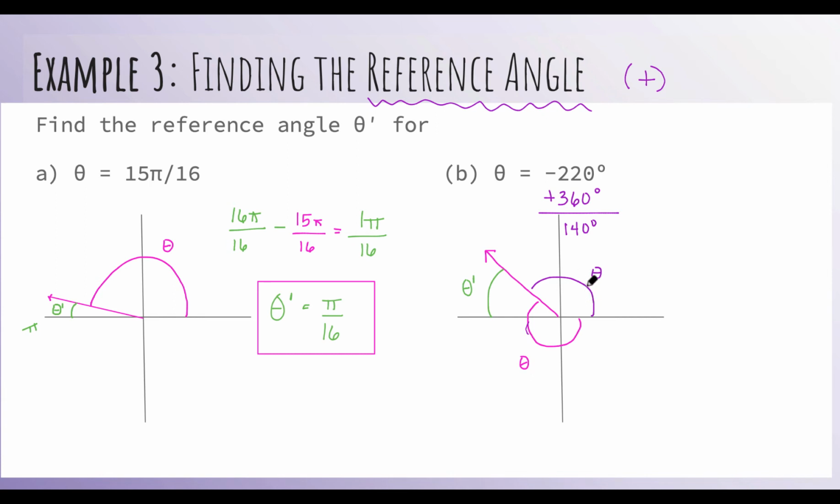If this angle measure here is 140 degrees, that tells us that theta prime is 180 minus 140 degrees. So we're going to have 180 degrees minus the coterminal angle of 140 degrees. And so we get theta prime is 40 degrees.